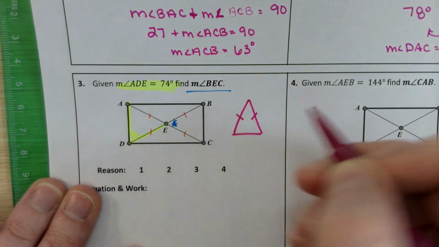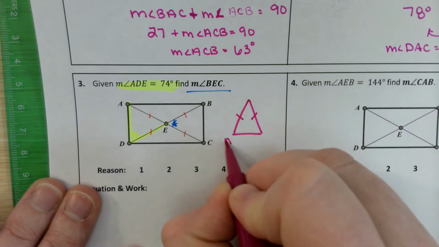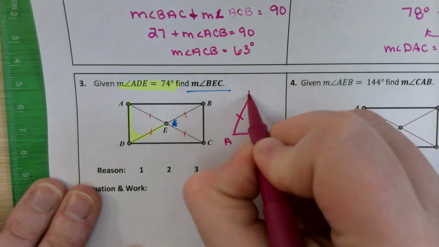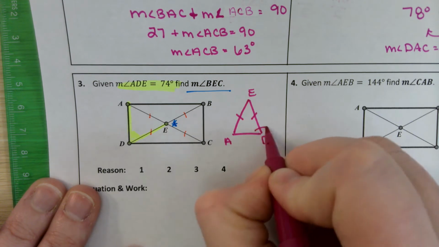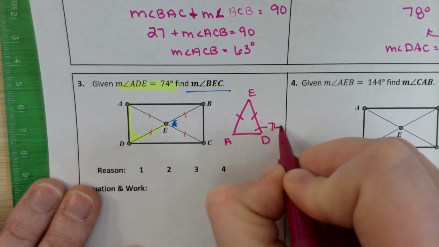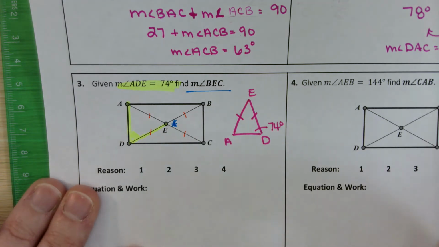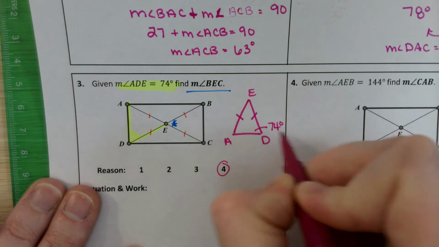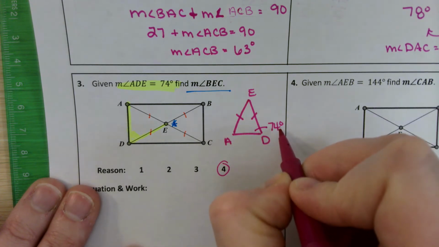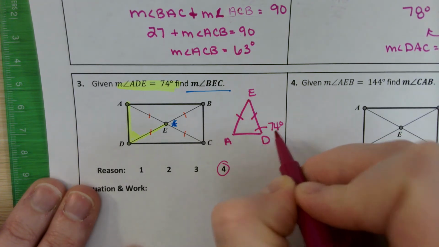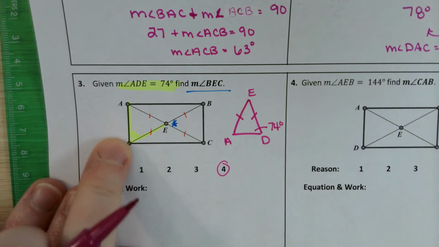We have the congruent markings. This is A, this is D, this is E. And this measurement right here is 74 degrees. So with that, we are using reason number 4, isosceles triangle. If the measure of ADE is 74 degrees, now mind you, it's ADE and the other angle would be DAE.